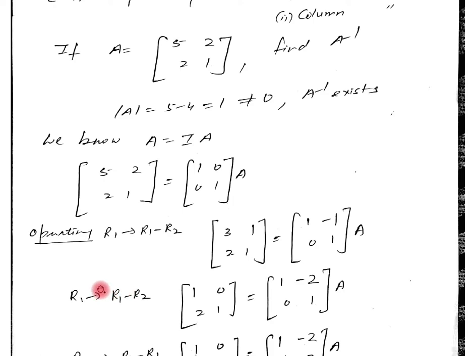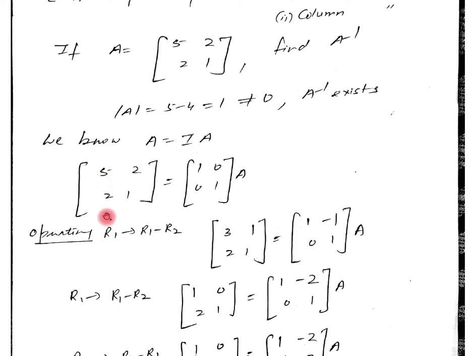Either we can add them, we can subtract them. It depends upon the requirement. Now I have to convert them into I. First I have to make it 1, then 0, then 0, then 1. Again I am saying when we have to do the row transformation, we have to convert them into I. Arrange first the columns.